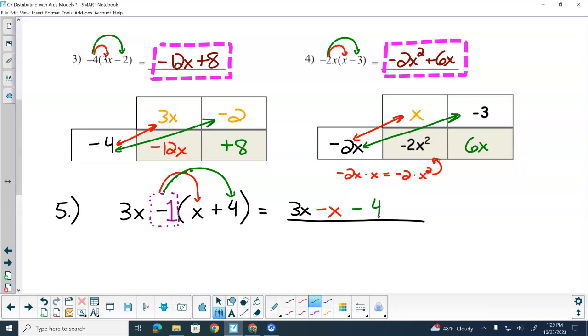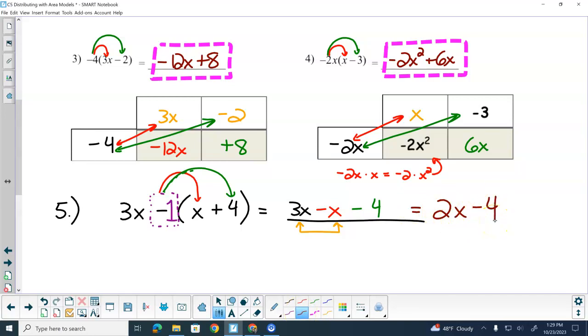Then, what we're getting to, a preview of tomorrow and some of your homework tonight, is now we're going to have to combine these two like terms right here. Those two are like terms. So if you've got 3 cookies and I take 1 cookie away, how many cookies do you have left? 2 cookies.